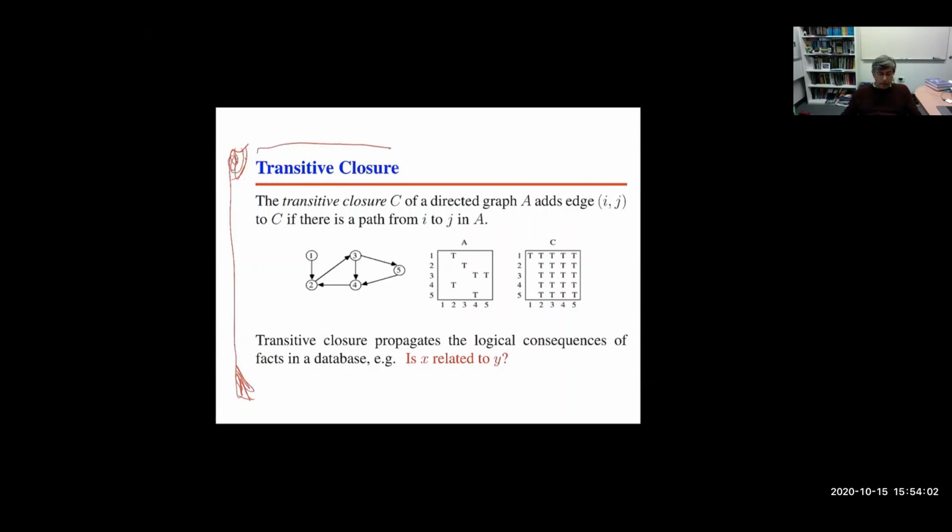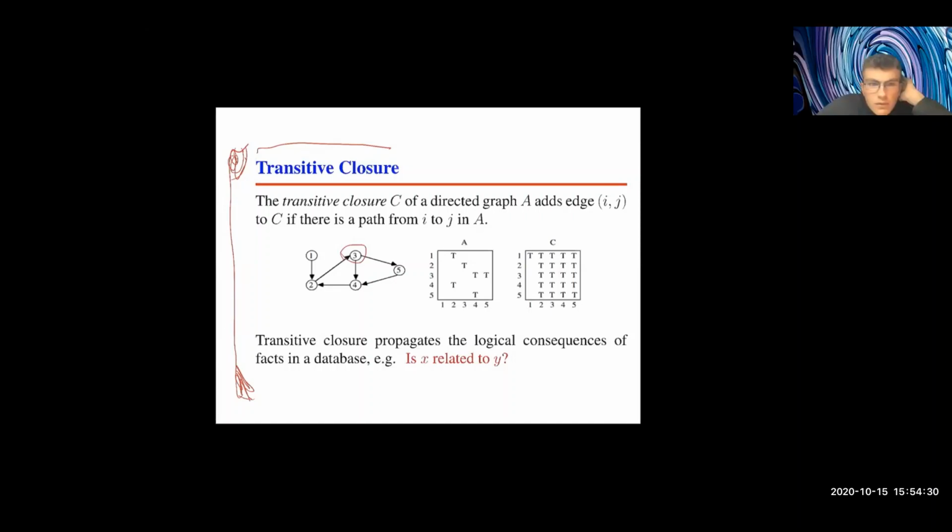Suppose you have a directed graph. It is sometimes interesting to know who can be reached from a particular node. So let's just take a look at this. From vertex 3, is there a way to reach vertex 2? Can you get from 3 to 2?